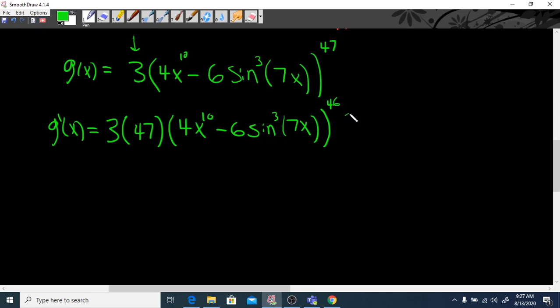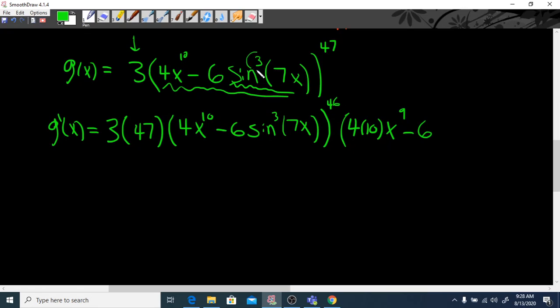Okay, so now we're actually moving in here because we handled the 47 part. Now we move inside. So derivative of 4x to the 10. Well, the 4 again is the constant multiple, so we get 4 times 10 times x to the power 9 minus 6 is a constant multiple. Now, right, this is a little tricky. People make mistakes here. We've gone over this in other videos.